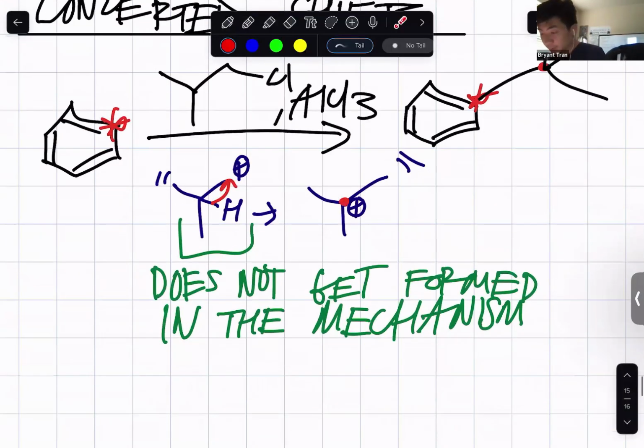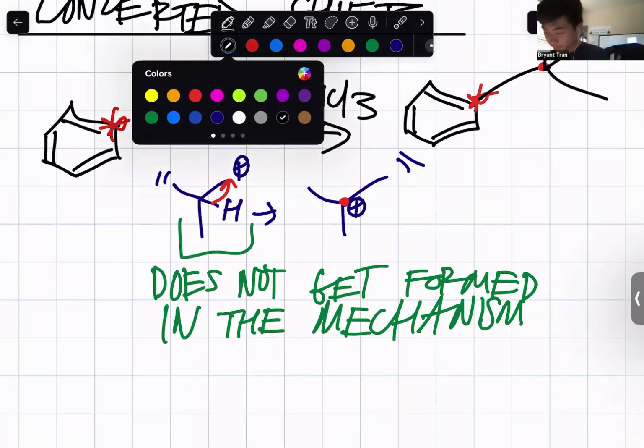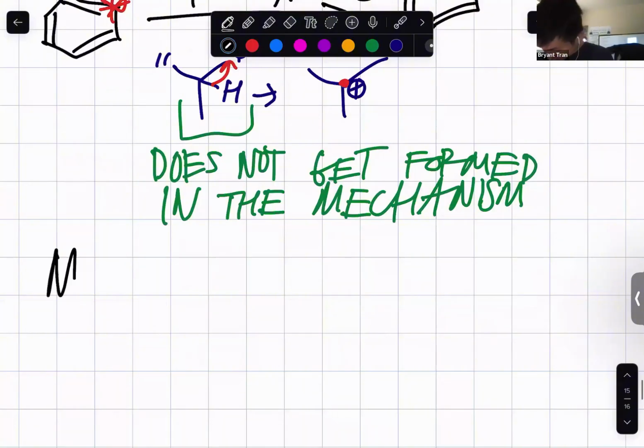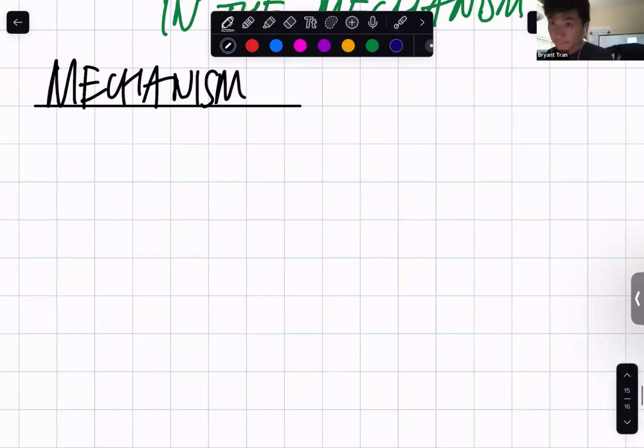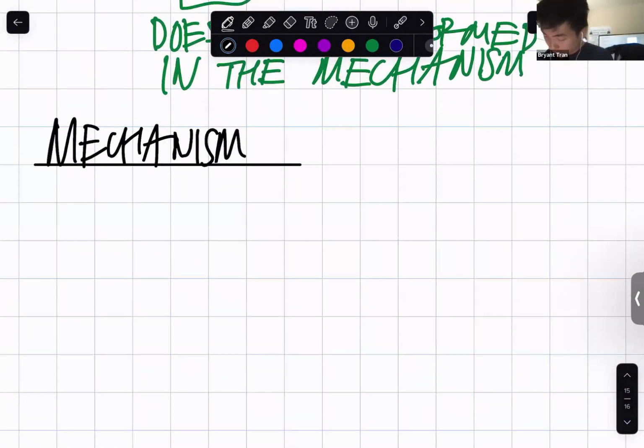Now here is the actual mechanism for this, which will involve the concerted shift. We will have this benzene. Oh no, the first step is to generate the good electrophile.